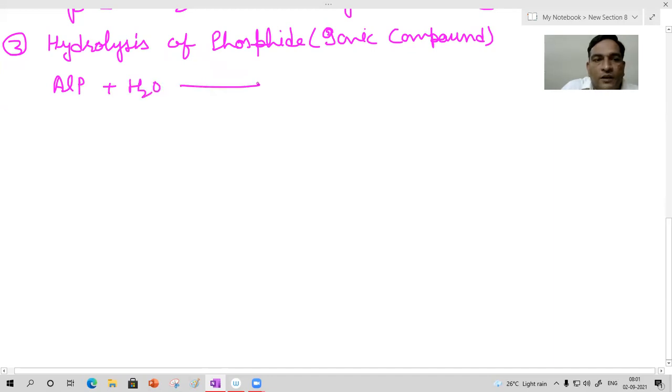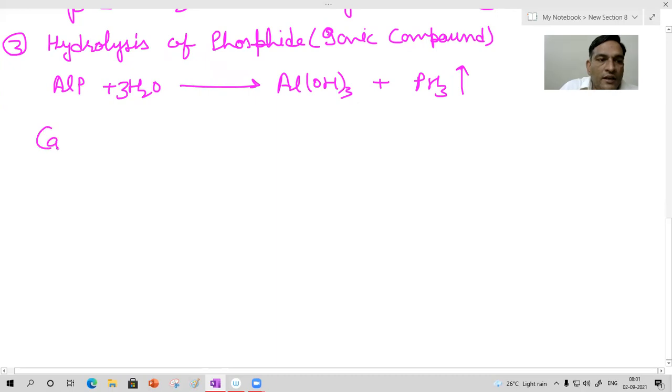We are getting aluminium hydroxide plus phosphine gas. Phosphine is more poisonous than ammonia. One aluminium, one phosphorus. How many hydrogen, my dear? Here there are 6 hydrogen. So we are adding the 3.